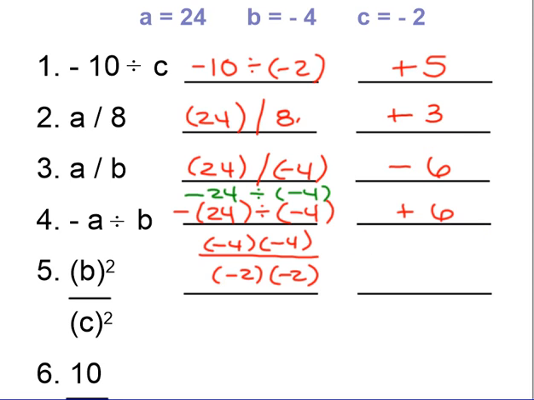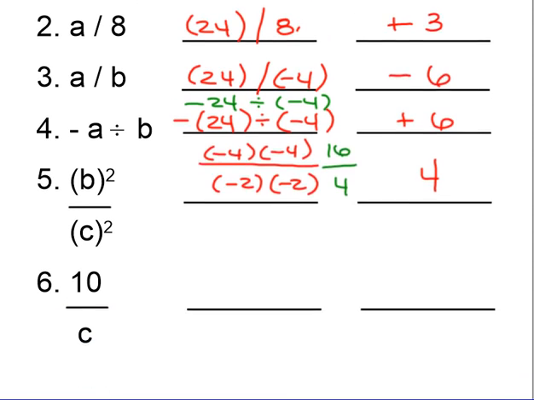All right, let me start solving here. I'm going to change colors. -4 times -4 is 16, fraction bar. -2 times -2 is +4. 16 divided by 4, that is going to be 4, or +4.